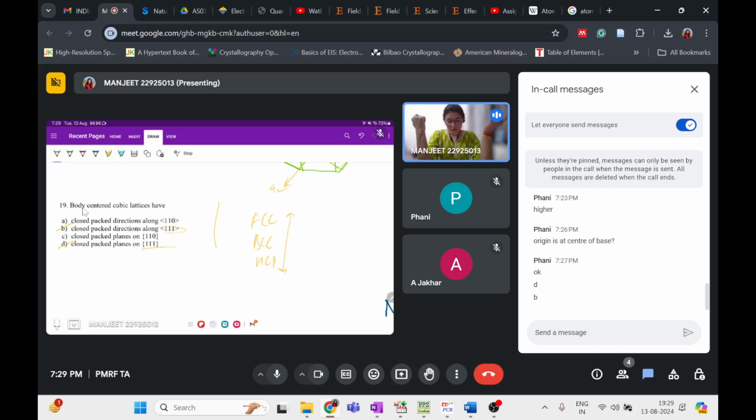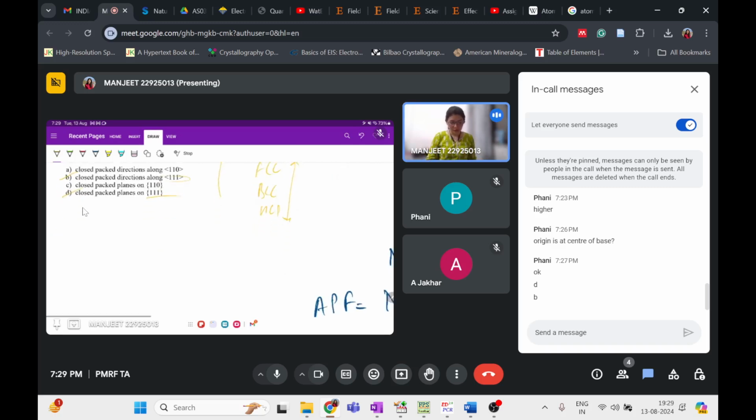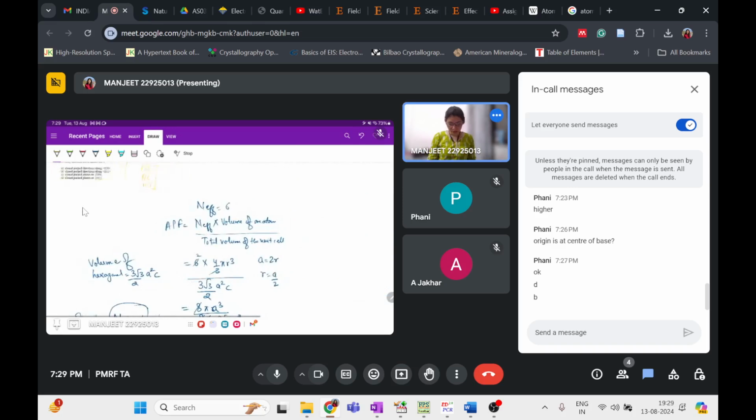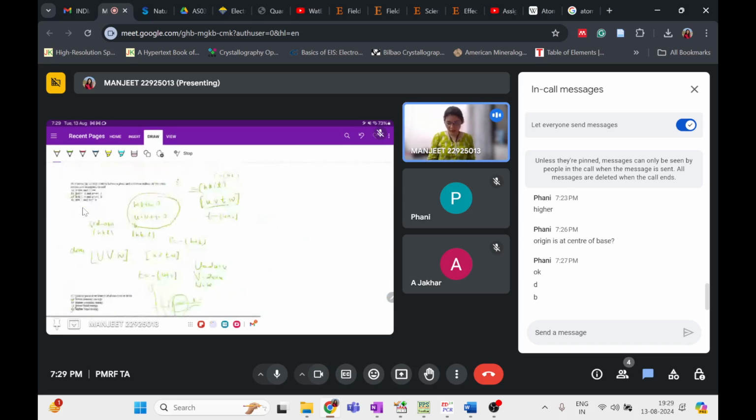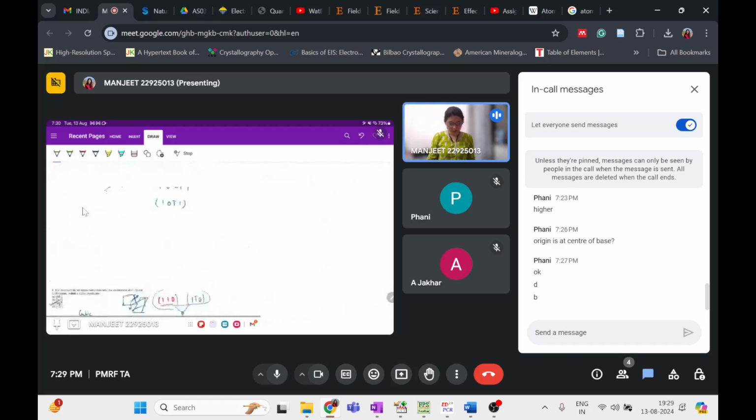So {1 1 1} is for FCC, and for HCP, we have the X direction, because the same thing is happening. For the one plane 0 0 0 1, that will be the direction of the one. Okay, so this is all about assignment number 3.